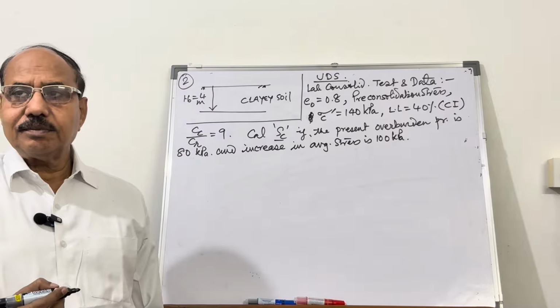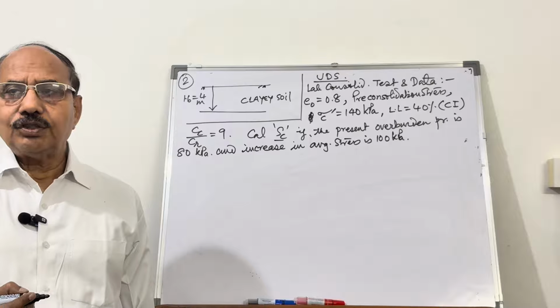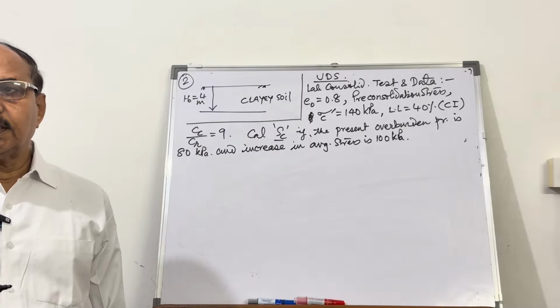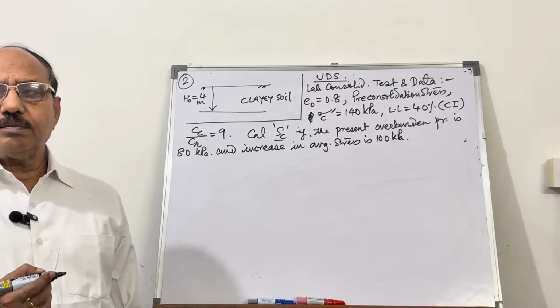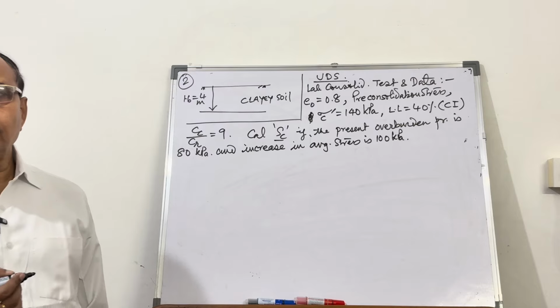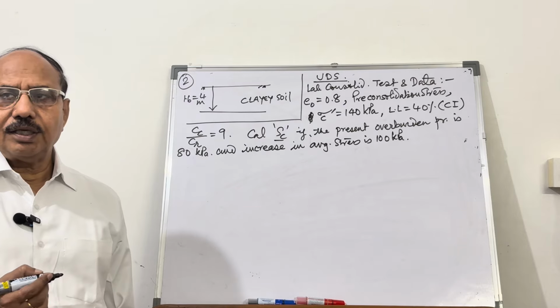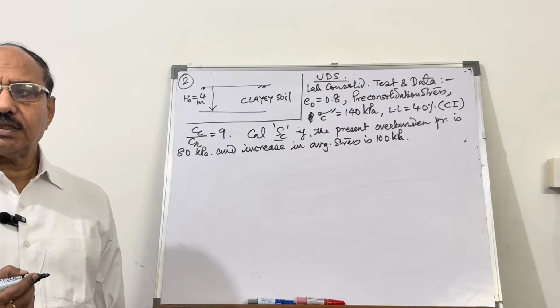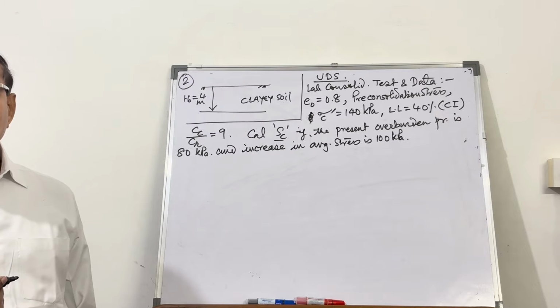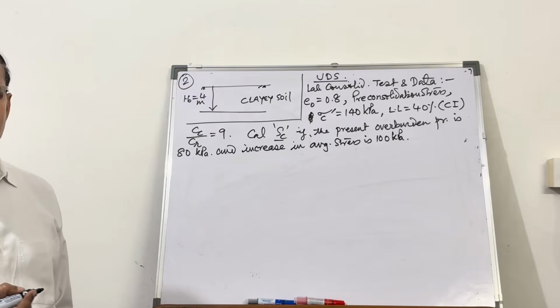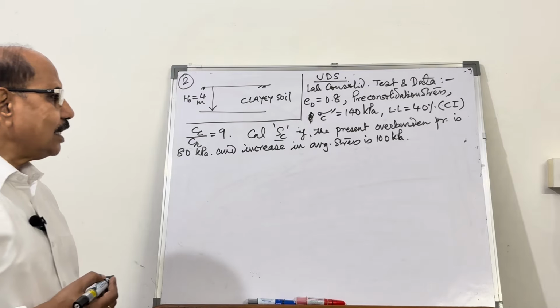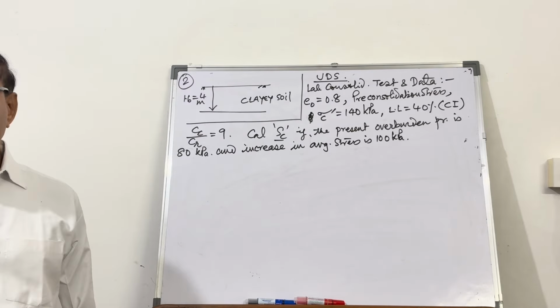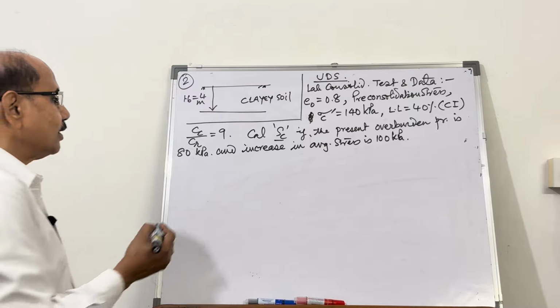So the pre-consolidation pressure is given to you. You have been given the present overburden pressure. You have also been given the average increase in pressure, that is 100 kilopascal, and the thickness of the clay soil at the site is 4 meter.